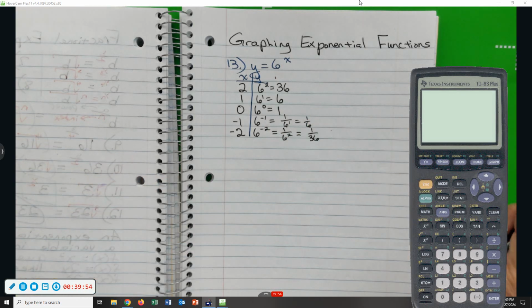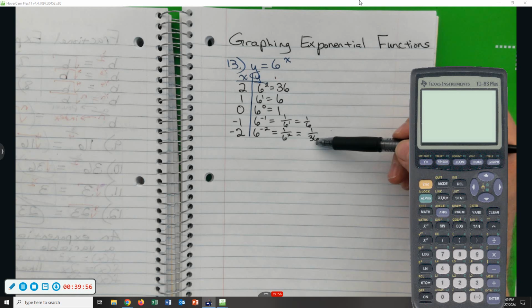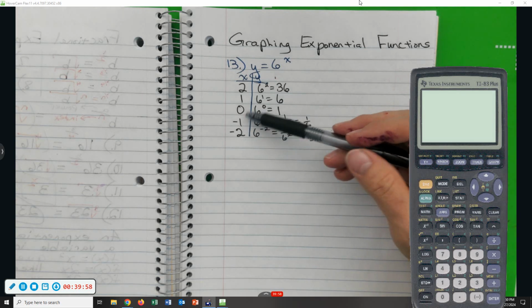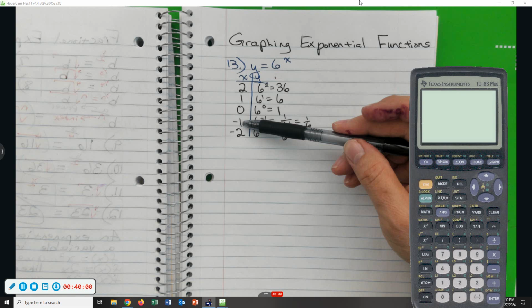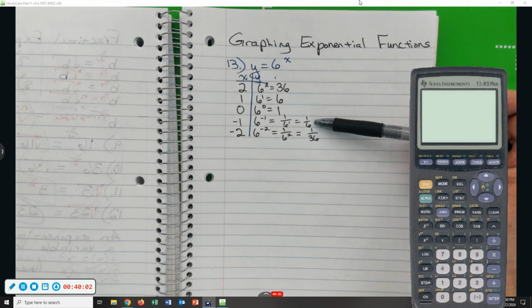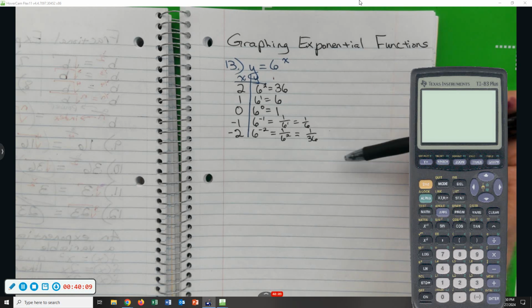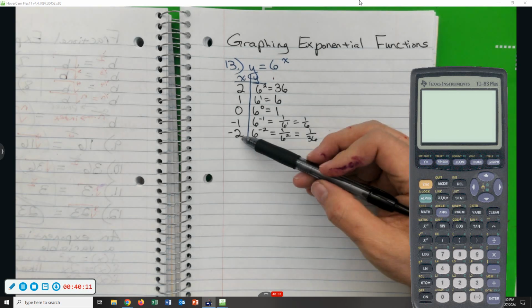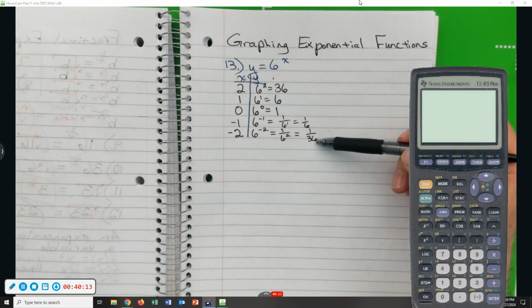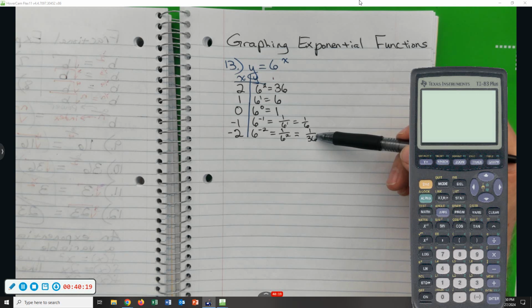Look how small these y coordinates are getting. In this ordered pair, you go left 1 and up a sixth of a unit. Imagine breaking 1 unit into 6 equal little subintervals, moving up 1/6. Here you're going to go left 2 and up 1/36. Imagine breaking the interval into 36 little equal subintervals and moving up one of those.